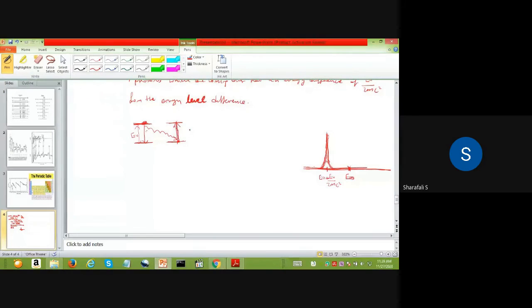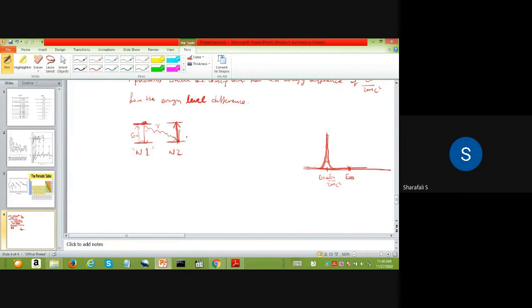Which means the gamma radiation emitted from one nucleus is absorbed by another nucleus, and it goes to the excited state. Let's say this is nucleus 1 and this is nucleus 2. Nucleus 1 has this gamma decay, and this gamma is absorbed by nucleus 2, which goes to the excited state. That is the scenario.